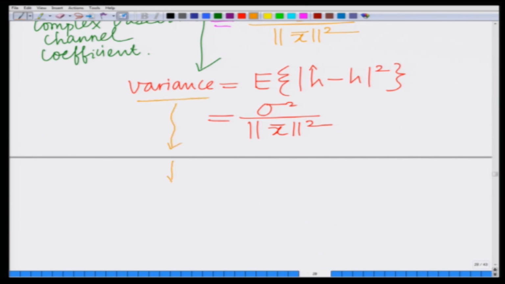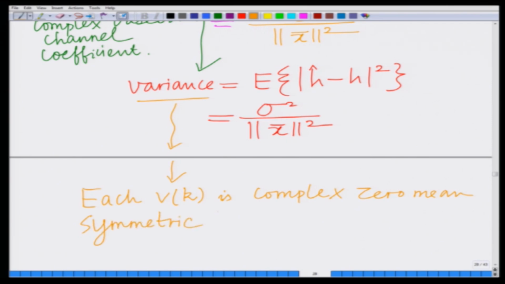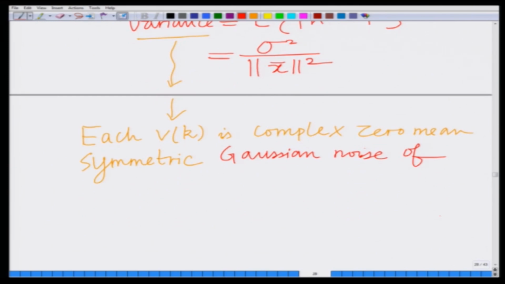where we are assuming, and this is important, that each noise Vk is complex zero mean symmetric Gaussian noise of variance sigma square. Remember, symmetric is an important point, which we talked about.